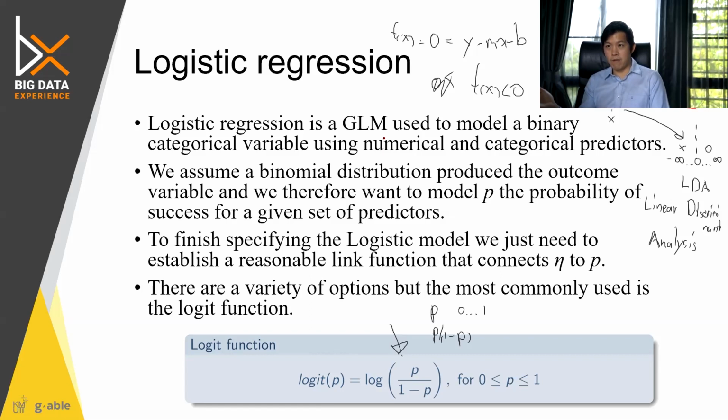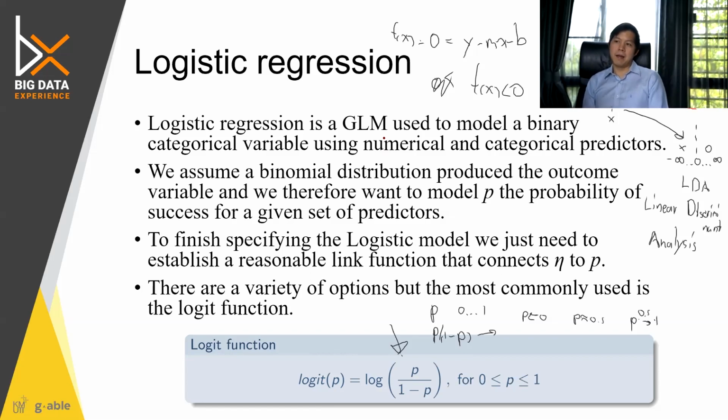Consider the case that p approaches 0, p is about 0.5, and p is more than 0.5 to 1. What would happen? Minus infinity to infinity? Incorrect, that wouldn't happen.